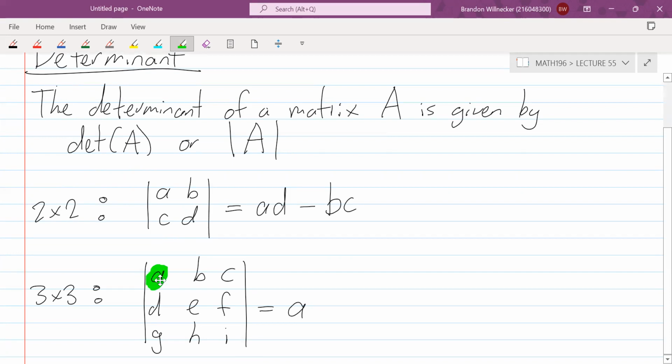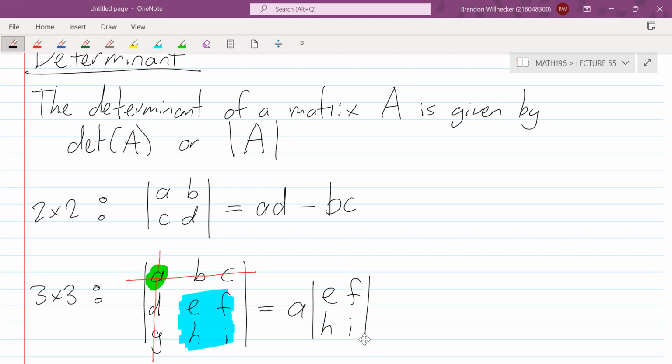So we put down an A. And then what we do is we block off that row and that column. So the row containing A, we cross it out. The column containing A, we cross it out. And we look at the 2x2 matrix that's left over. So that is this E, F, H, R. And we multiply A by the determinant of E, F, H, R. Okay, so that gives us our first part of the determinant.